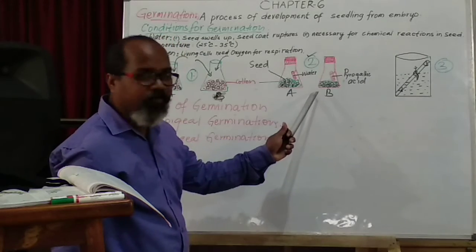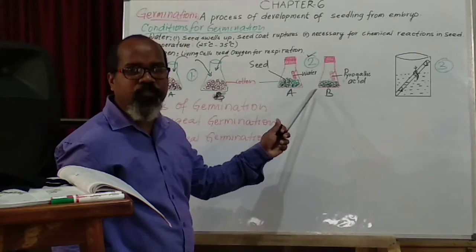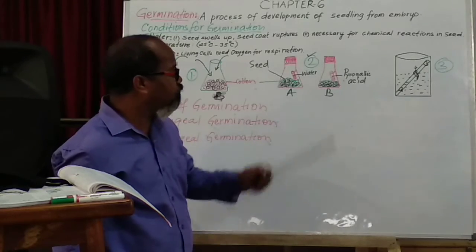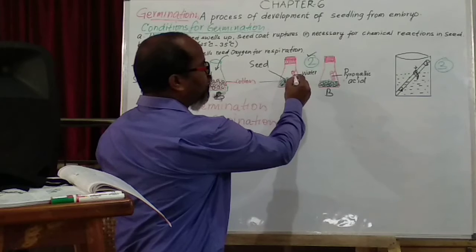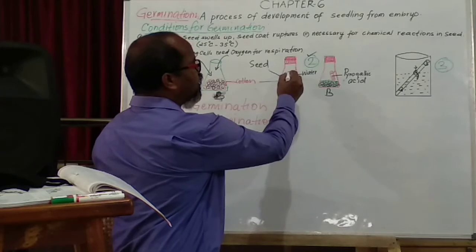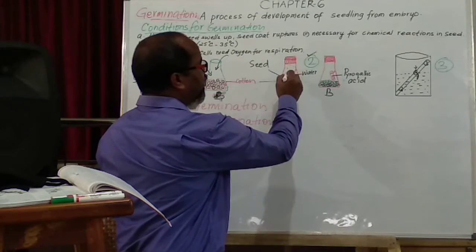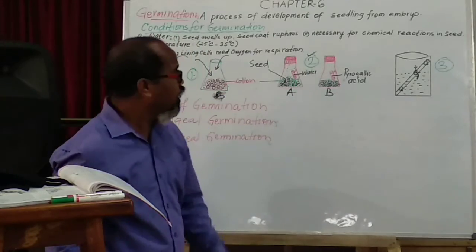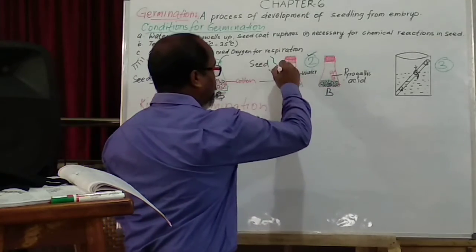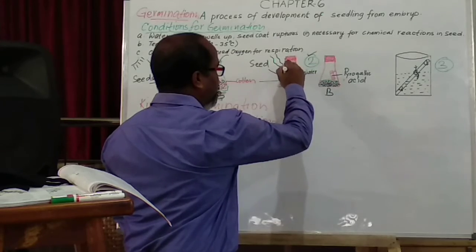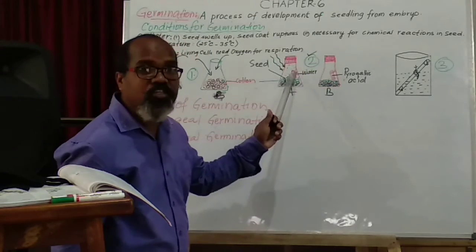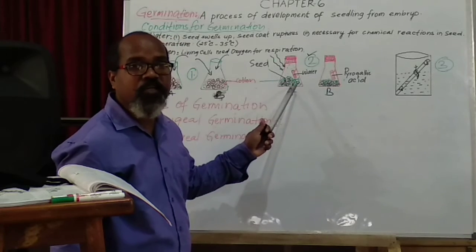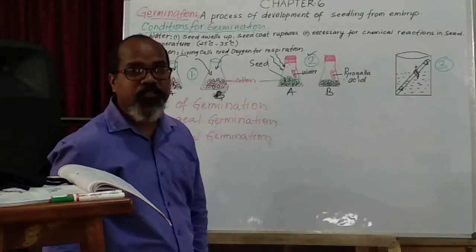In this experiment, we are trying to prove that oxygen is necessary for germination. Here there is water, oxygen is there in the space present in the flask. Temperature supply is there, three conditions are present, and so the seeds in flask A are germinating.